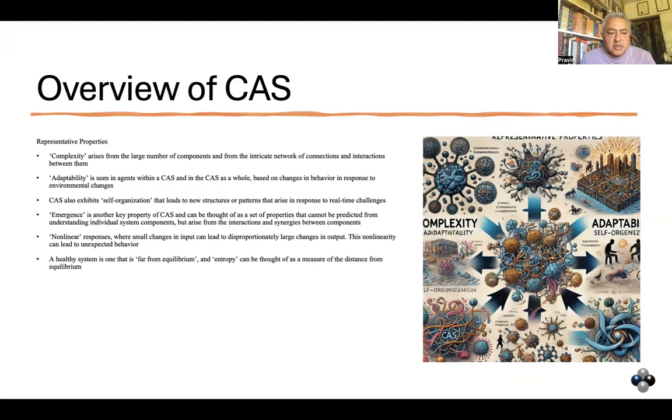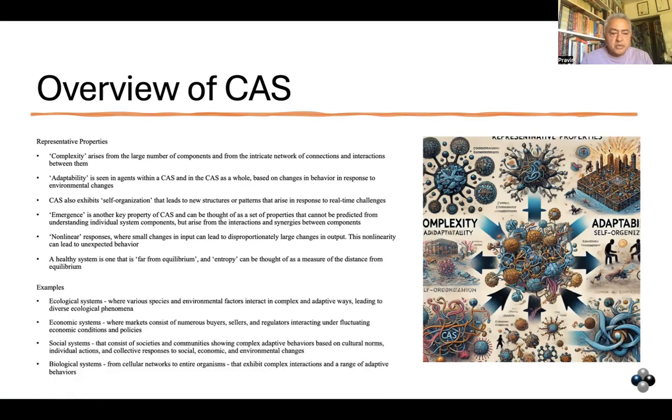CAS also exhibits self-organization, and this generally leads to new structures or patterns that arise in response to real-time challenges. There's emergence, and this is to be distinguished from self-organization. It's a key property, and basically it cannot be predicted from understanding individual system components, but it arises due to the interaction and synergies between components.